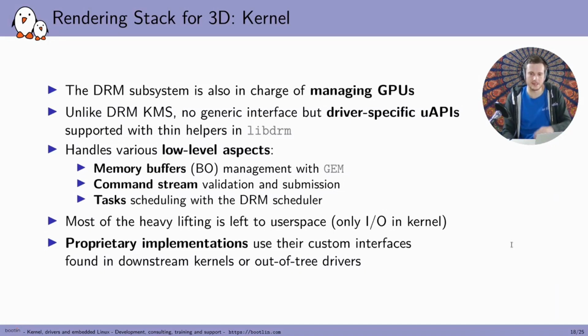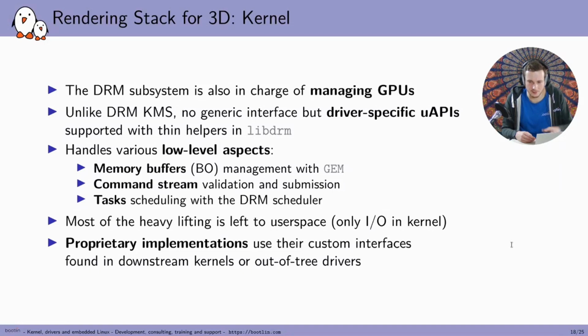So the kernel side and the kernel drivers are in charge of a few low-level aspects, but they don't actually do so much. This is mostly I/O related tasks. This includes memory buffer management. These are called BOs, or buffer objects, and this is using the GEM API of DRM internally. Then another task is command stream validation and submission.